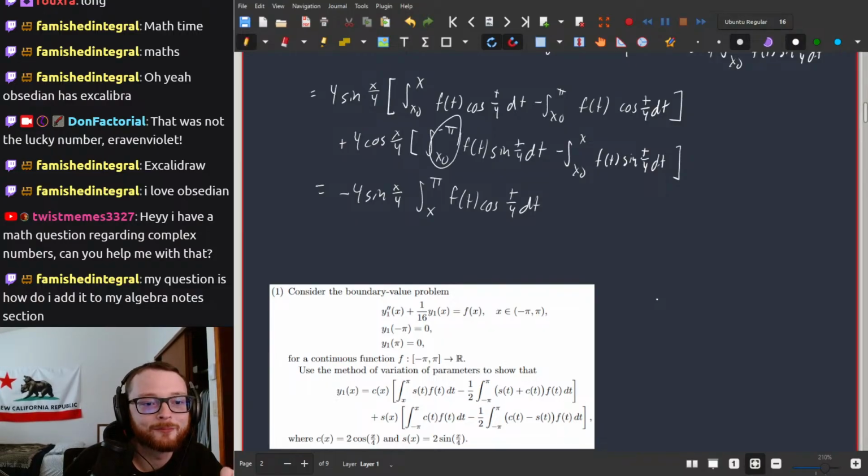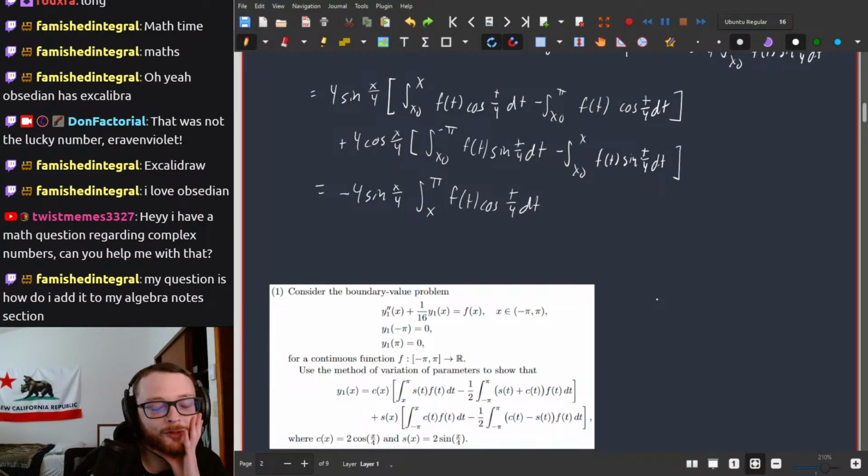This integral goes from x naught to minus pi. X naught, like, these bounds are backwards. X naught should be between minus pi and pi. Wait, okay. This is the exact same situation. I'm having a harder time thinking about it for some reason, though.